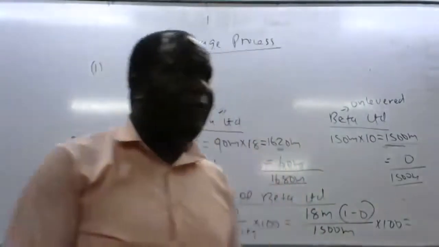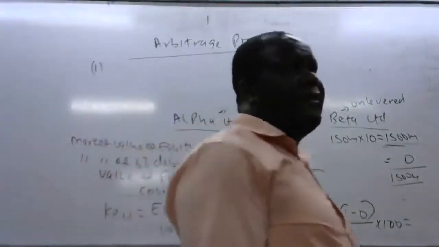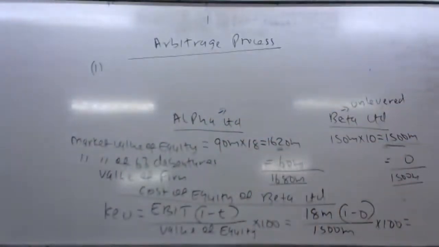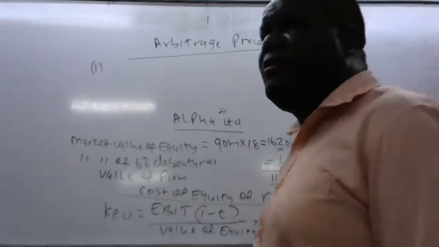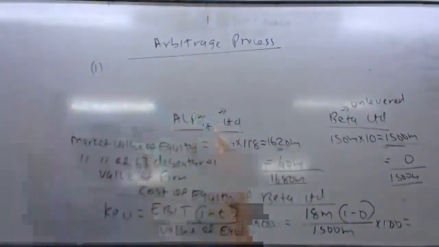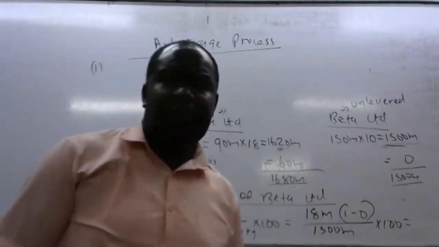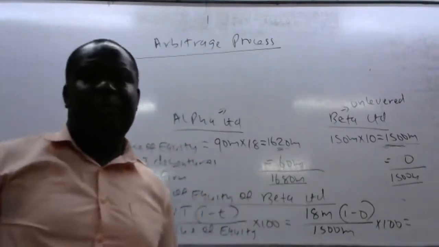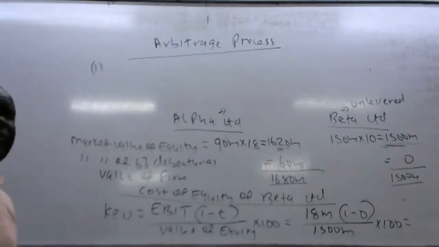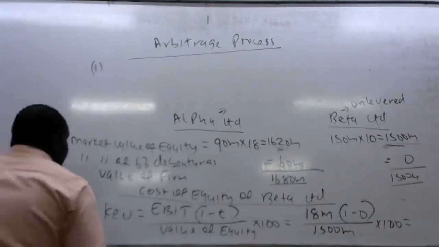We can summarize that the investor will sell his percentage of ownership in the overvalued firm and realize the amount.